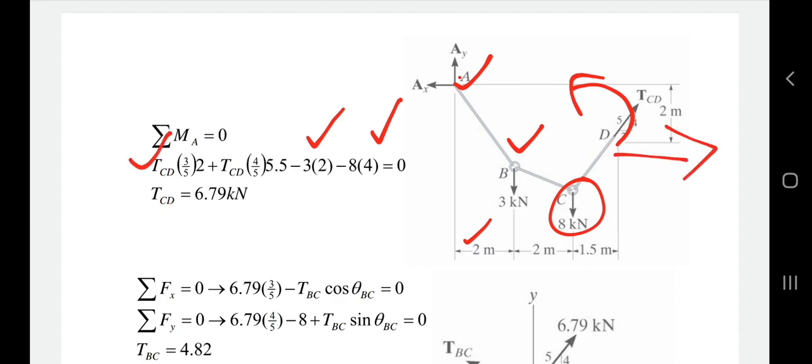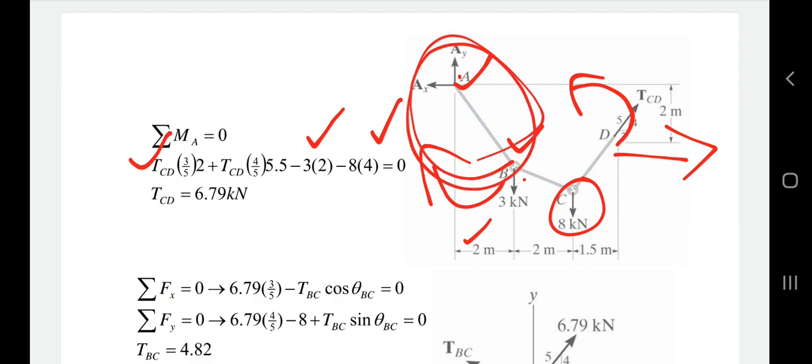TCD cos theta, counterclockwise with respect to the point A, it has taken positive, and the clockwise moments, that is for example 3 up to the point A, it is moving like this, so it is taken negative.